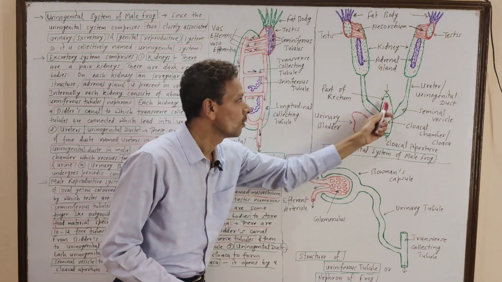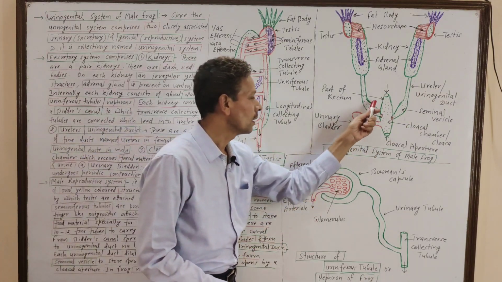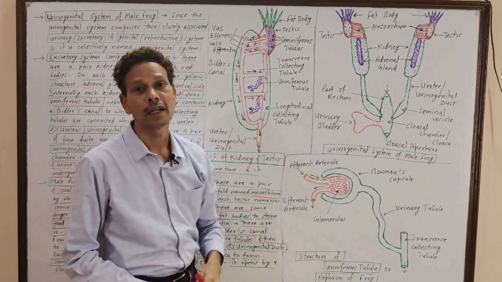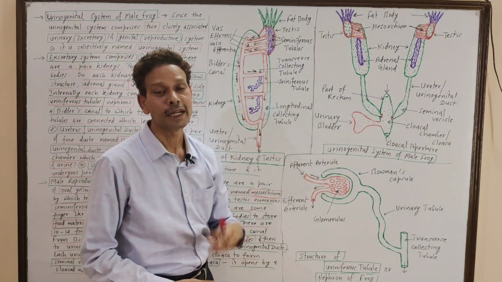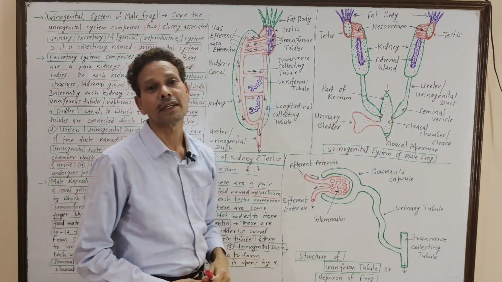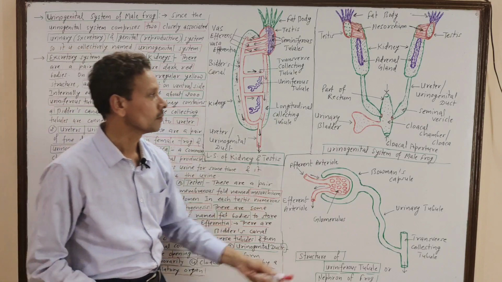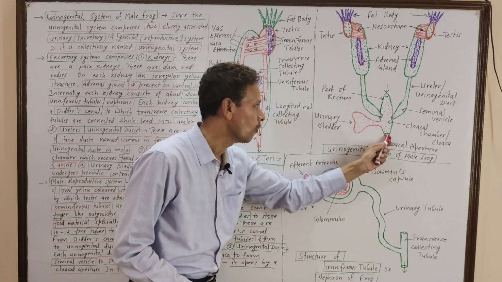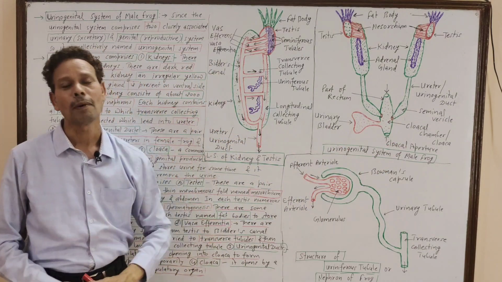These are a pair of urinogenital ducts, and the terminal part of this ureter or urinogenital duct stores male reproductive fluid, the semen, that is the seminal vesicle. And the last part of the male reproductive system is the common chamber, the cloaca, and this cloaca opens by the cloacal aperture.